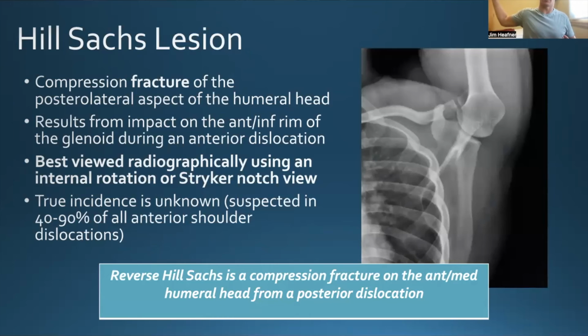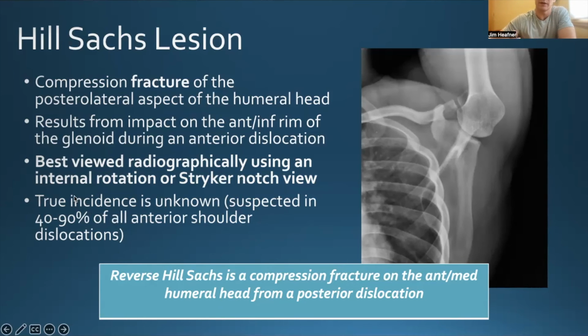As it gets pushed into that position, the posterior lateral aspect of the humeral head takes on a significant amount of pressure, and then you can have a fracture there known as the Hill-Sachs lesion. We talked about the Stryker notch view earlier. This is important for the OCS: the best viewed radiographic measure is using a Stryker notch view to look for this Hill-Sachs lesion. So TUBS injury, Bankart, Hill-Sachs.